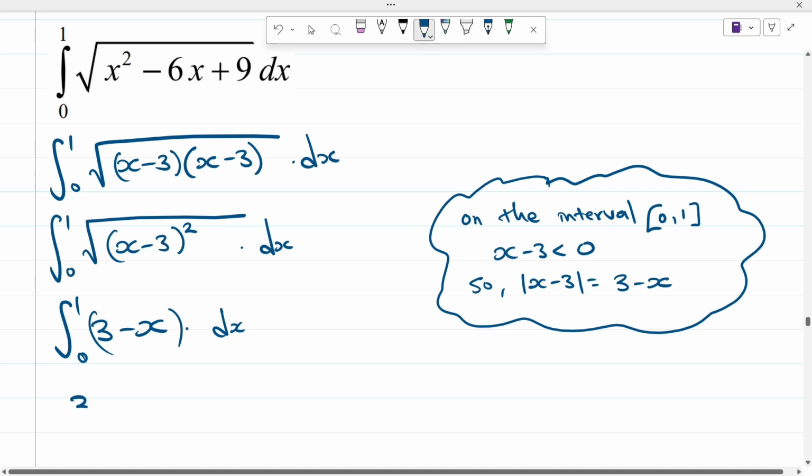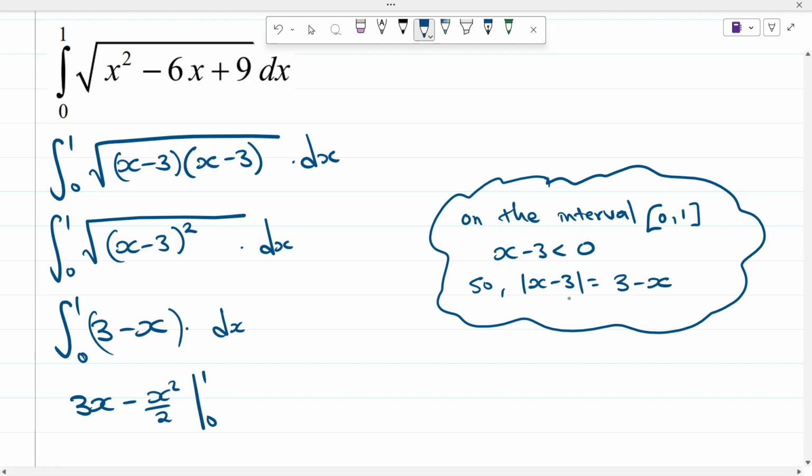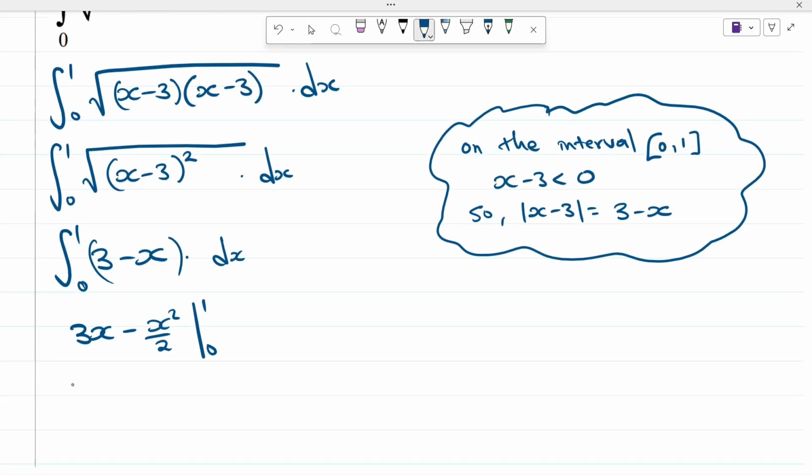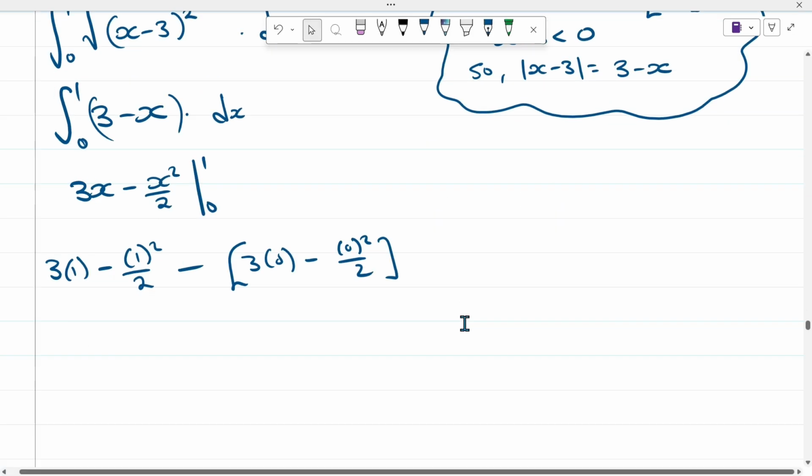This is going to be equal to 3x minus x squared over 2, from 0 to 1. Then you put your limits there. This is 3 times 1 minus 1 squared over 2, minus 3 times 0 minus 0 squared over 2.